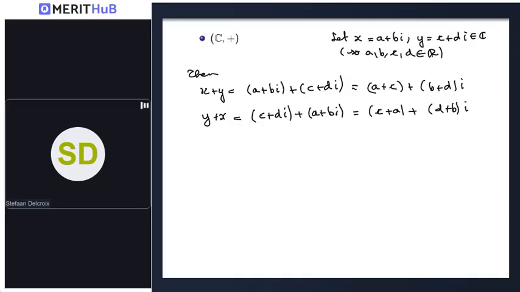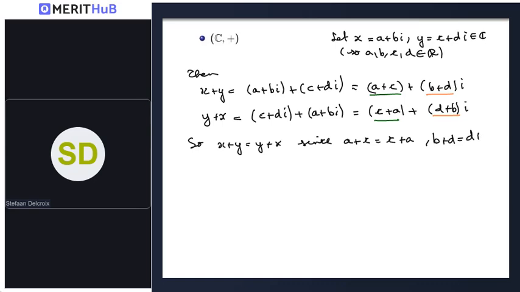Well, two complex numbers are the same if and only if the real parts are the same and the imaginary parts are the same. So let me write that x plus y is y plus x, since a plus c is c plus a, and b plus d is d plus b.